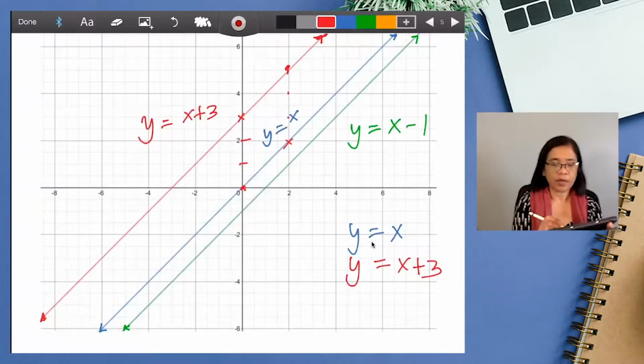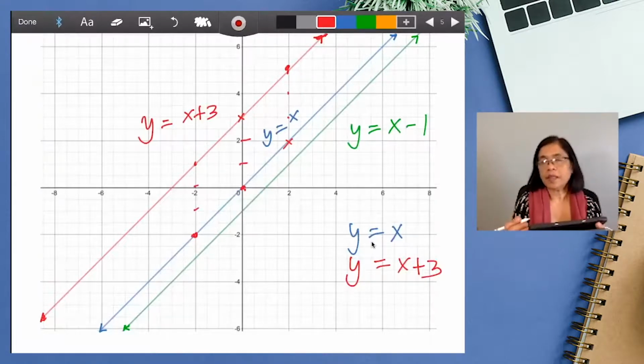So take another point down here on this blue line. Let's see, 1, 2, 3. So any point on the blue line will be moved 3 units up. In the same manner, when you have y equals x minus 1, any point on the parent function y equals x will be moved 1 unit down.